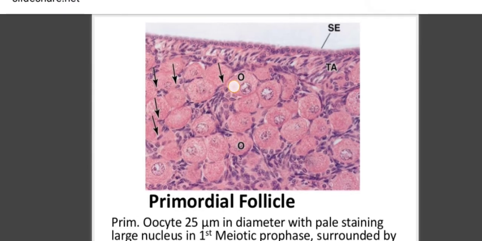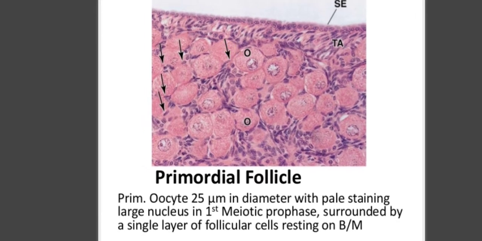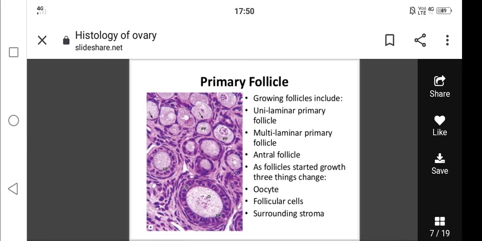This is the histological diagram of the primordial follicle.